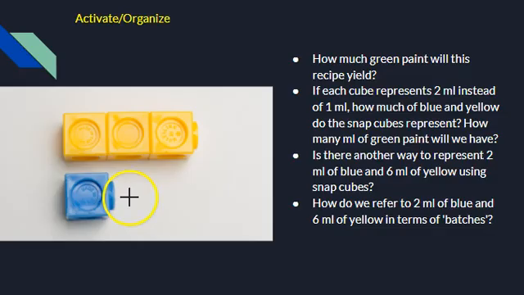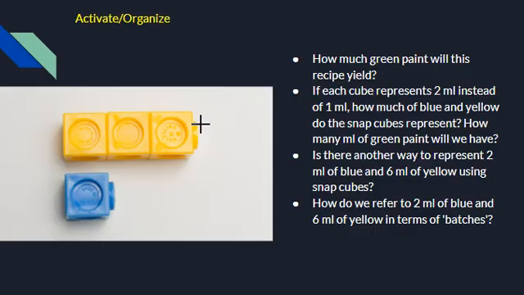And then if I did that, though, how would that relate to batches? Well, if the original formula was 3 yellow to 1 blue, then by going by that, if we use 2 milliliters of blue and 6 milliliters of yellow, then we're making another batch.